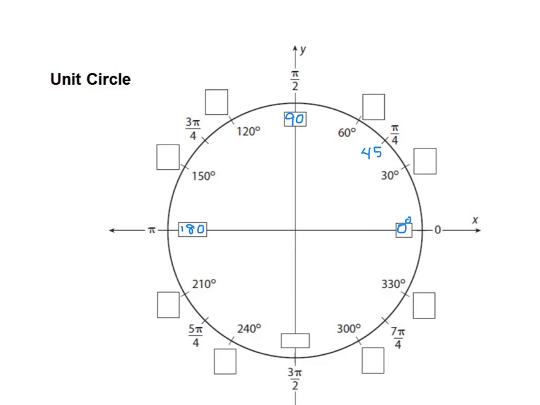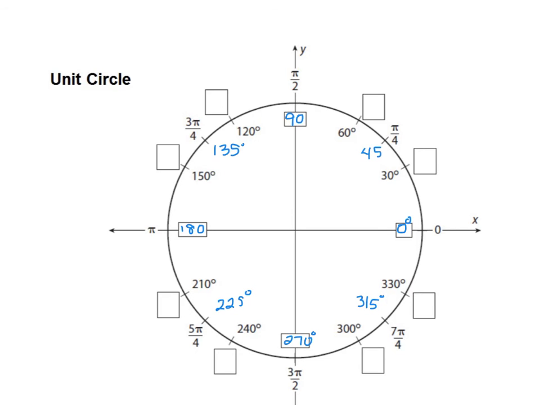And then halfway between 90 and 180 is 135 degrees. And 150, 180. And then I come down to 210. And here I have 225 degrees. And then 240. And then 270 degrees.